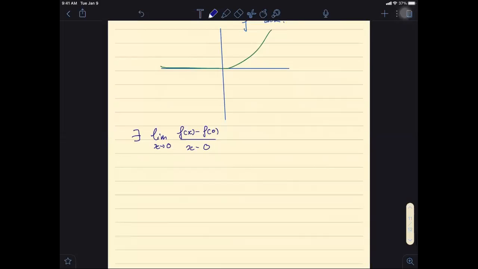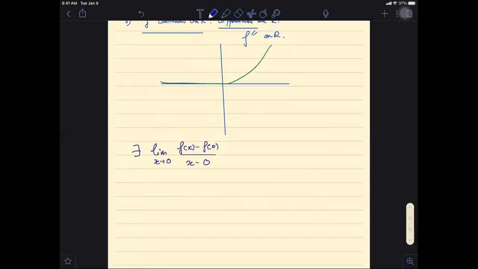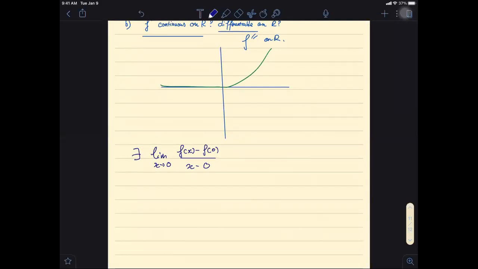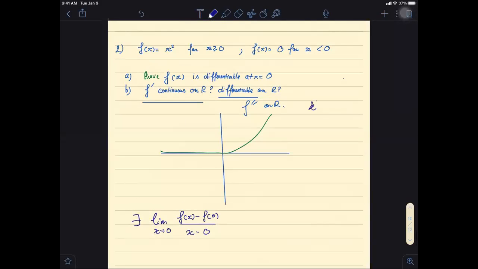If they are equal, then we can conclude that f of x is differentiable at x equals 0, right? Yes. Okay, so then do it. It's not really obvious. And remember, you cannot use that the derivative of x squared equals 2x.